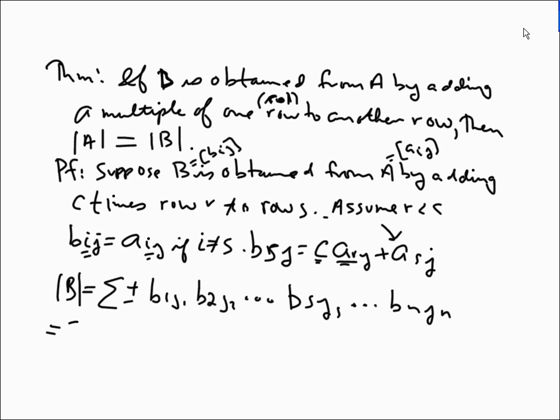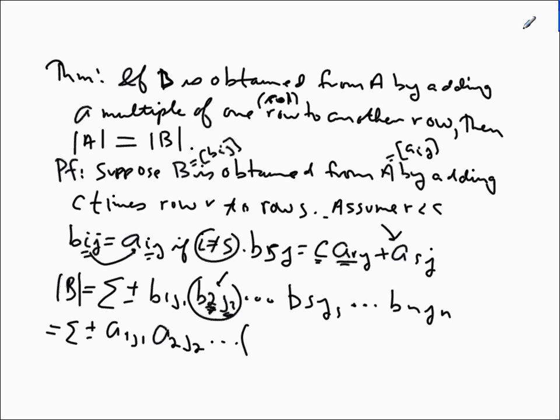Well, this is equal to the summation plus minus B1J1, which is just A1J1. And B2J2, since we're not in row S, BIJs equal AIJ. That's I is 2, and J is J2. A2J2, all the way up to BSJS.